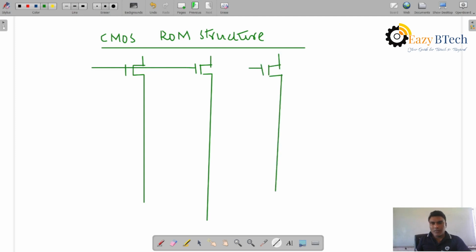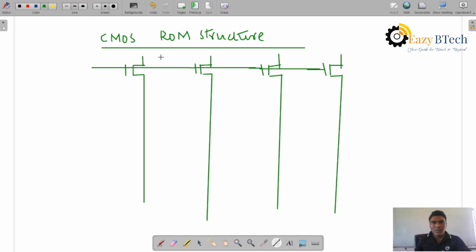You can see the word selection, the data transistor, one bit is stored. When a transistor is present, here one bit is stored. Right, we take this as VDD. Right, this is VDD. Okay, and another one is the word selection.